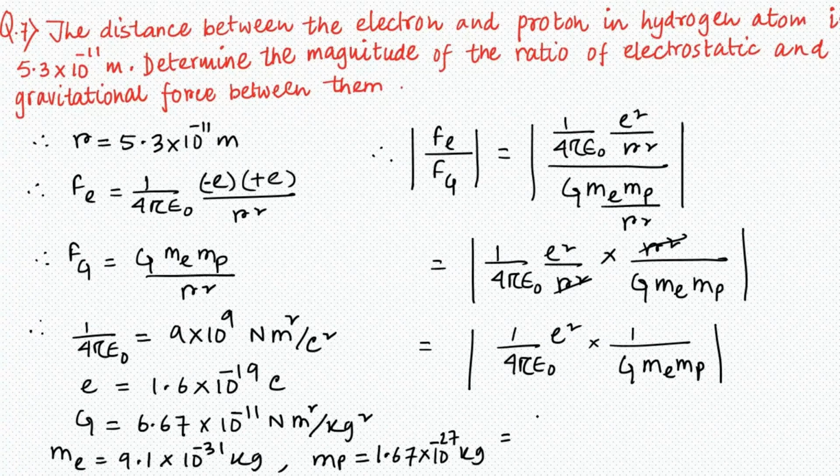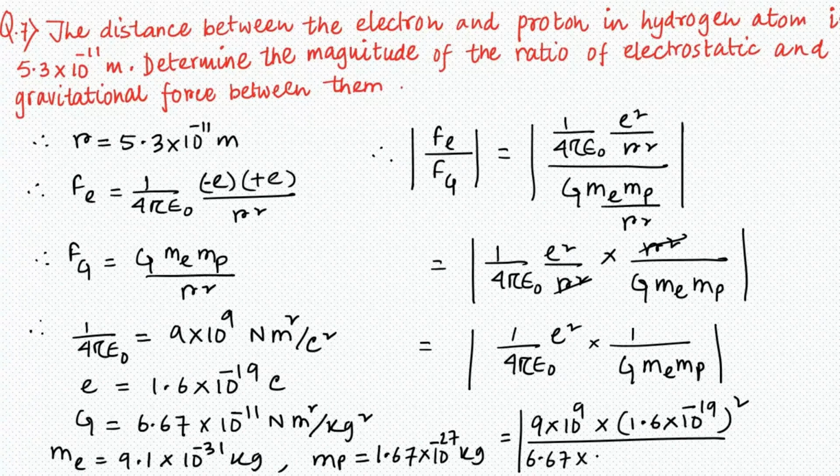Now we have to substitute all the values here, and it would be 9 into 10 to the power 9, e square is 1.6 into 10 to the power minus 19 square, divided by 6.67 into 10 to the power minus 11 into 9.1 into 10 to the power minus 31 into 1.67 into 10 to the power minus 27.